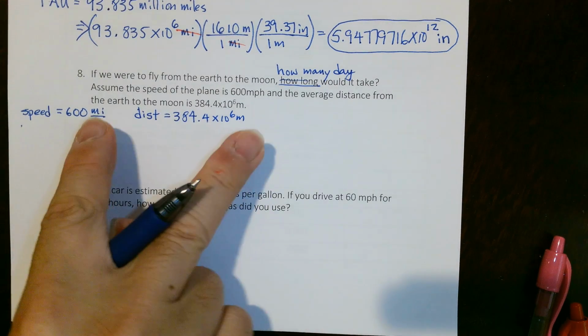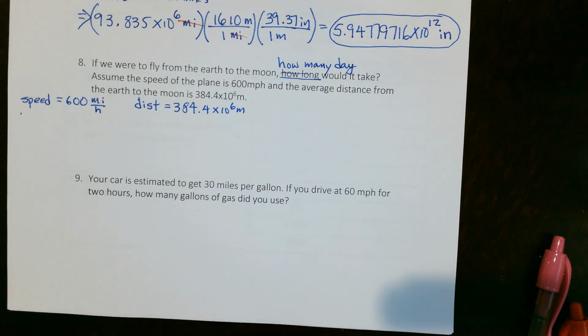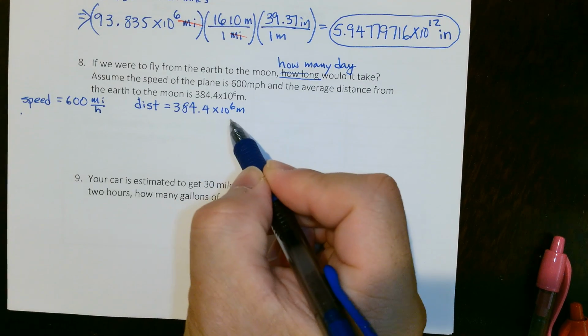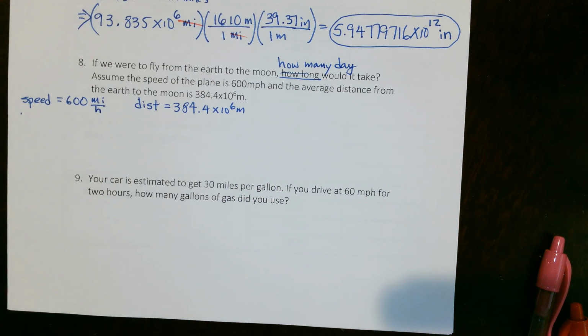It looks like we have mixed units here. We have miles per hour and then we have meters. Doesn't jive that well, right? So we're going to have to change one of these into something that can jive with the other one. It's probably easier to convert this meters distance into miles.